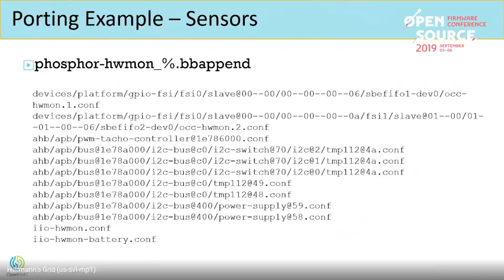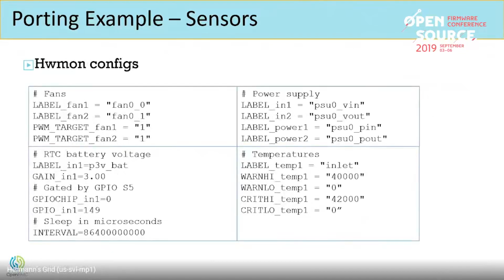So we only need to define the configs, and OpenBMC will automatically start the Phosphor hardware monitor process, the daemon, to read the hardware monitor SysFS attributes and create D-Bus objects for them. Let's see some examples. If you want to define a fan, we know.